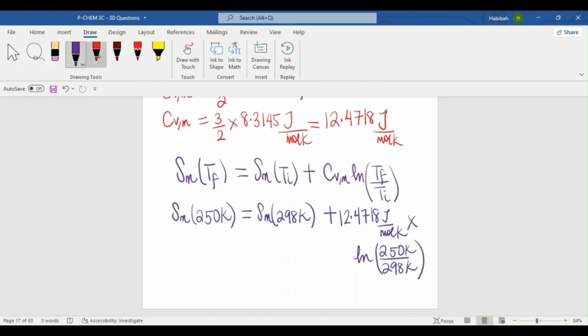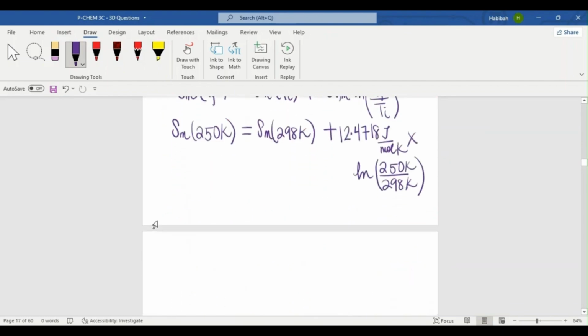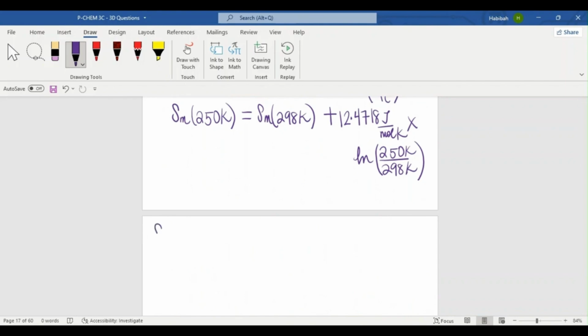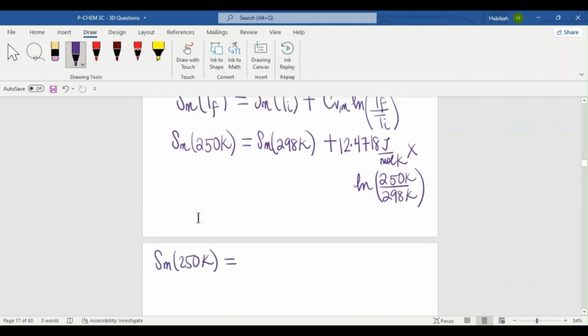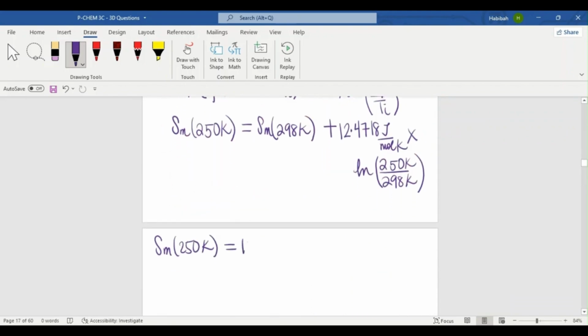We can rewrite this formula by substituting the molar entropy at 298 Kelvin. So SM of 250 Kelvin that we're looking for is equal to the molar entropy at 298 Kelvin, which is 154.84 joule per mole Kelvin, plus 12.4718 joule per mole Kelvin times ln of 250 Kelvin divided by 298 Kelvin.